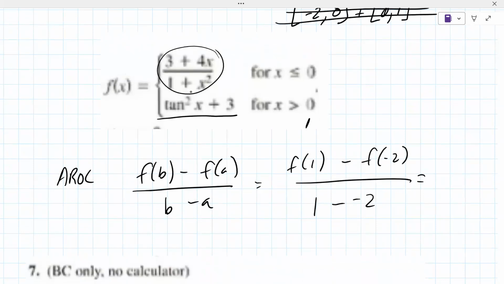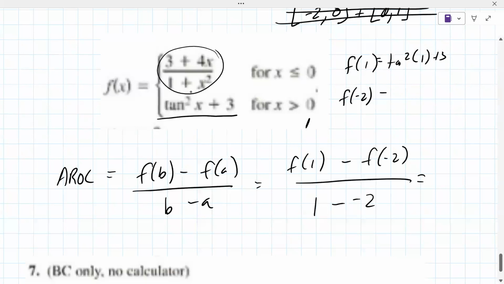Wait, so is that the right way? Yes. The average value would be integrating the original, or integrating the derivative, which is not what they gave you. So f of 1 is tangent squared of 1 plus 3, whatever that is.